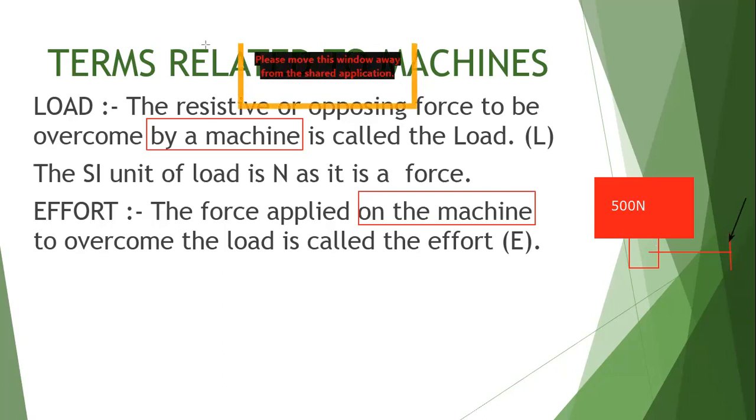The jack will apply a force on the box to lift it up. So that is my load. So 500 Newton is the load here, and if I am using a jack, I am not applying 500 Newton, I am just applying 15 Newton. How much force am I applying? 15 Newton. So that is my effort. How much does the machine have to apply? 500. So that is my load.